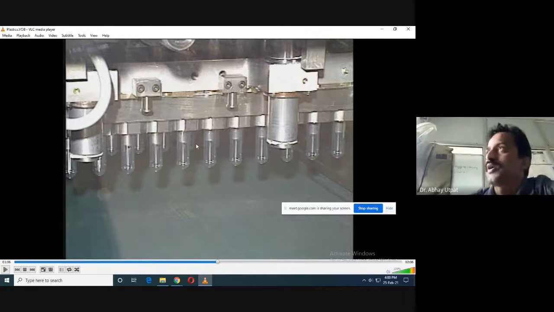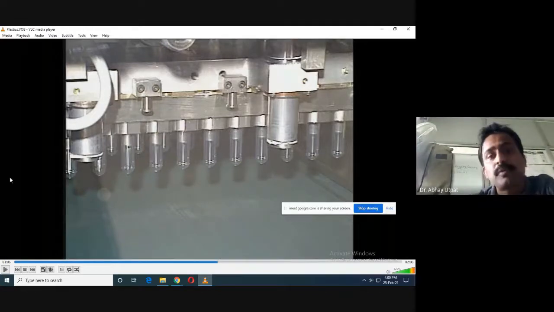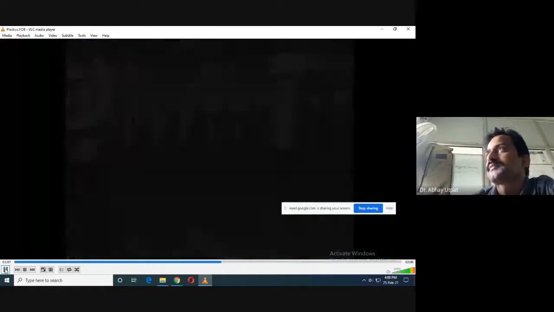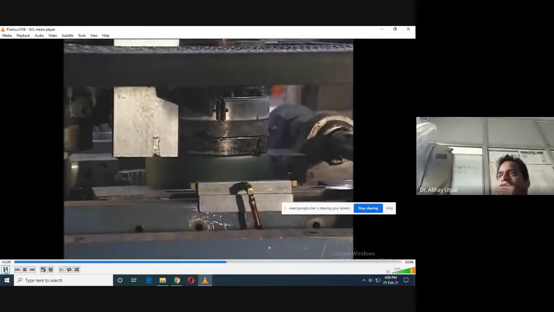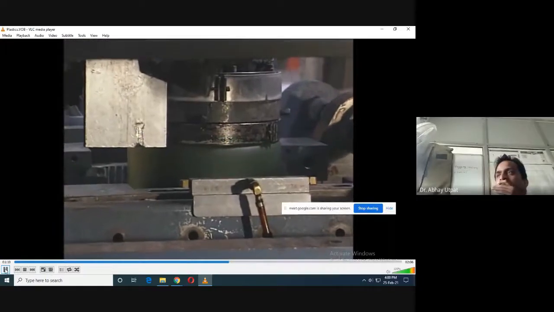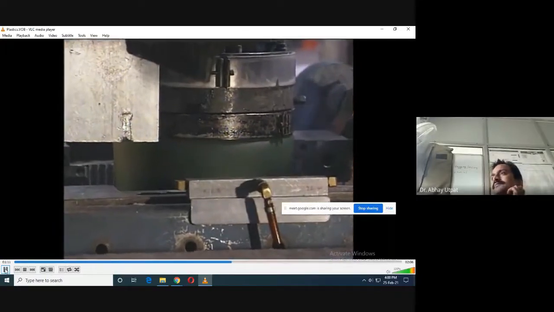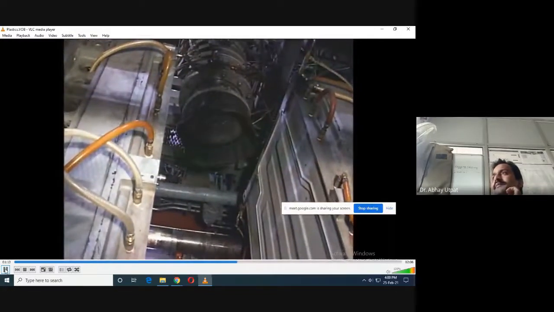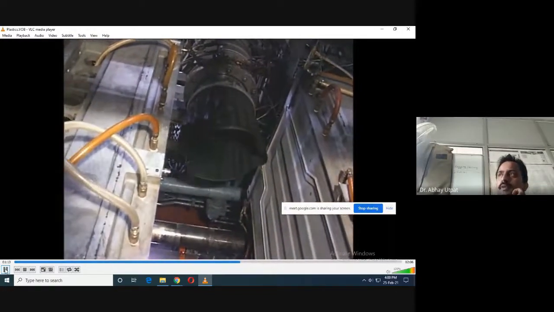See this small bottle-like shape. Now this will be used for blowing. It is falling down. Check. How beautifully it is observed.